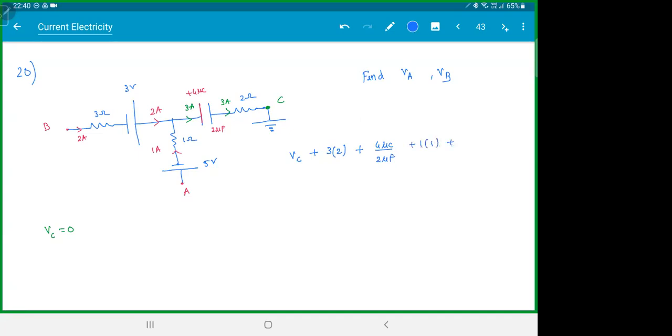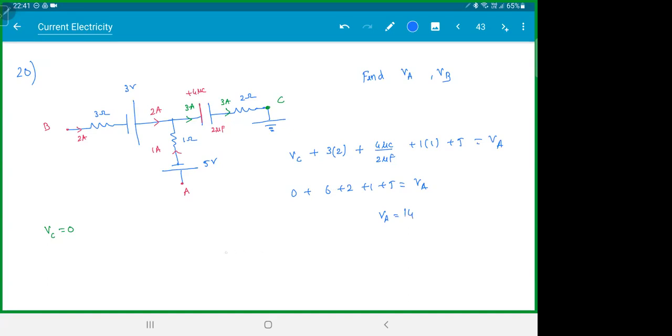Then you're going with the battery, plus 5, and you reach VA. Please check this. I'm going completely opposite to the current, so it's always adding up. So VC is 0. This is 6. This is 2 plus 1 plus 5 is VA. So VA is 14 volts.